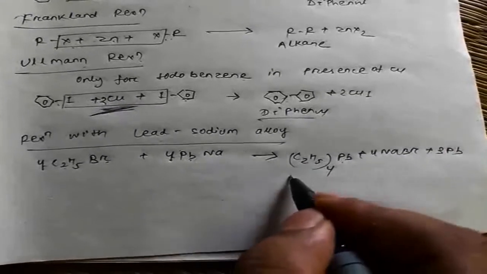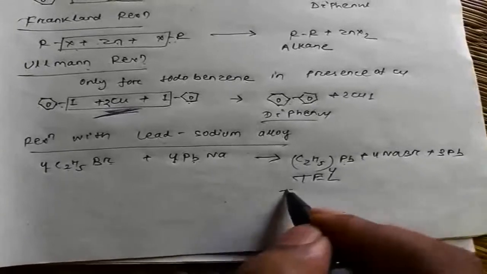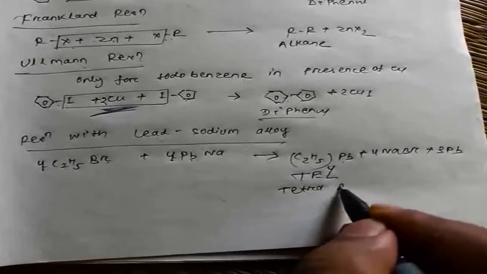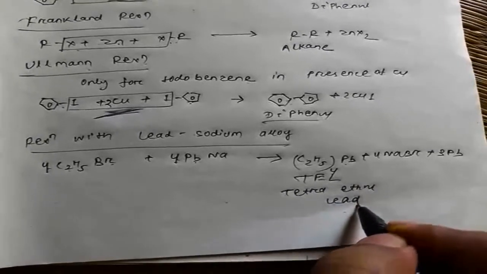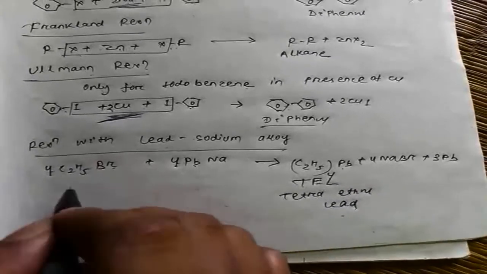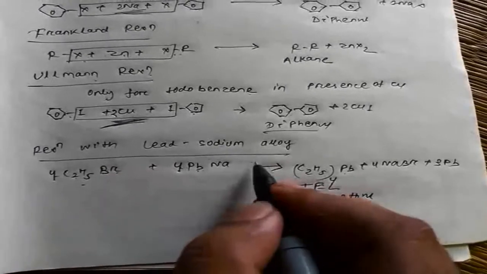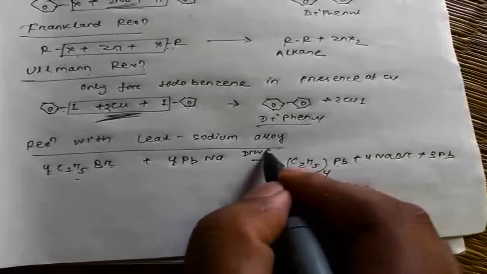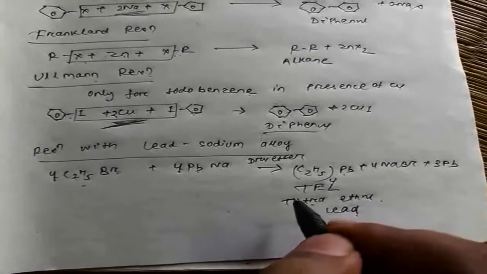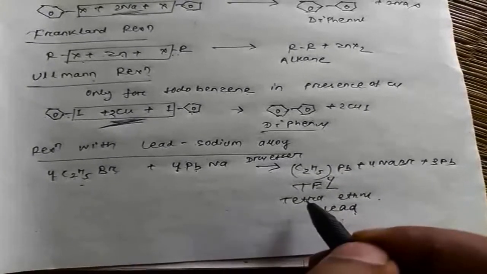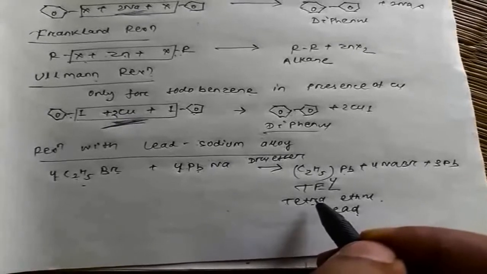This is TEL, tetraethyl lead. So the theory is lead sodium alloy treated with alkyl halide in dry ether medium to give tetraethyl lead. This is the reaction of alkyl halide with different types of metals.